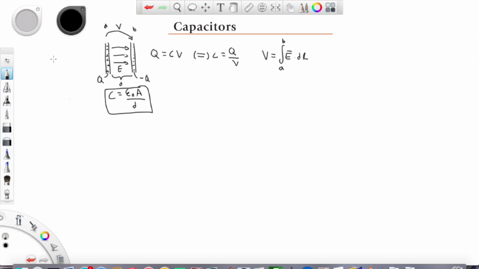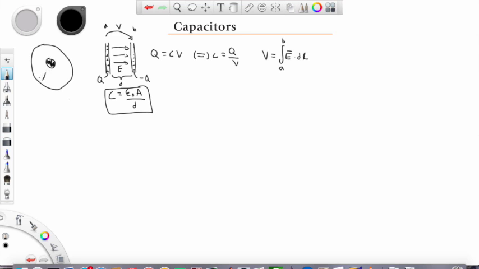Another common configuration for a capacitor is a cylindrical capacitor. This is in fact a coaxial cable. There's a conductor in the center, then some kind of dielectric, and the outer shell is also a conductor.